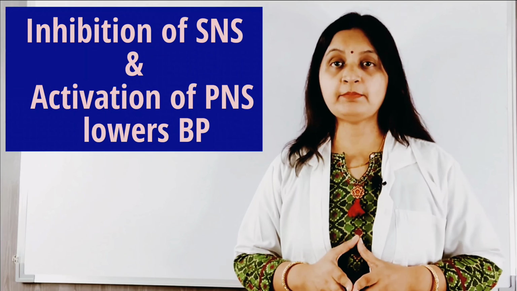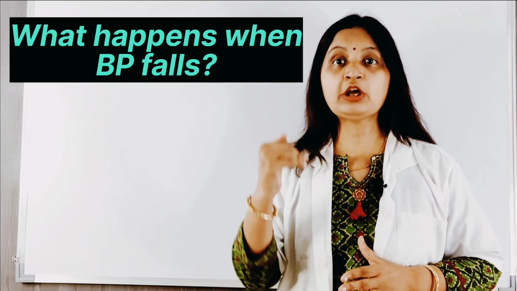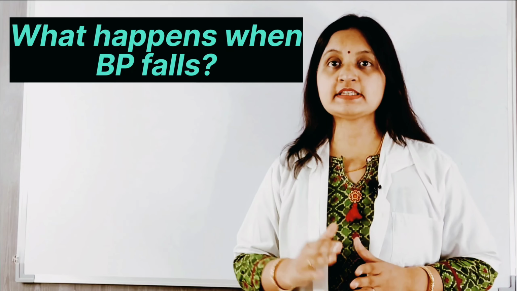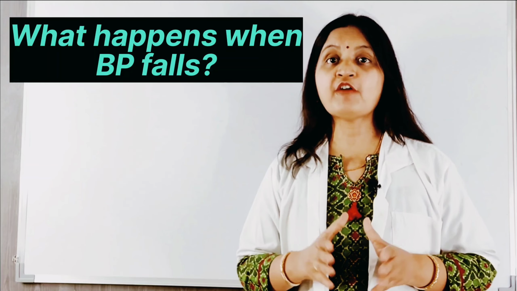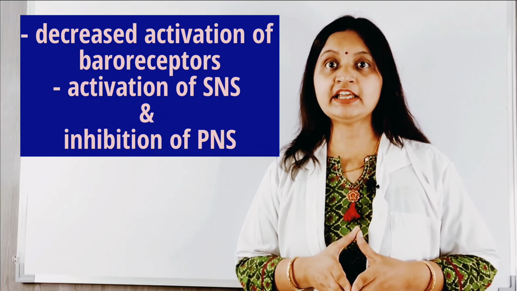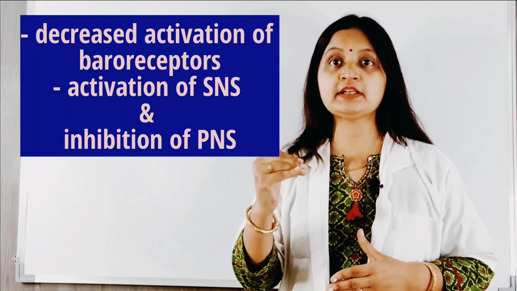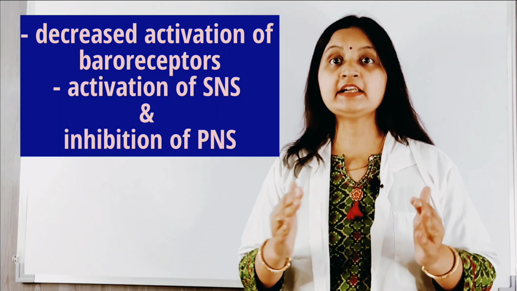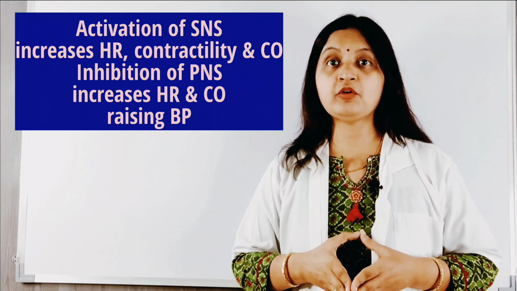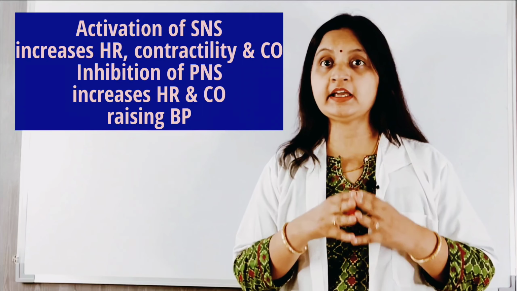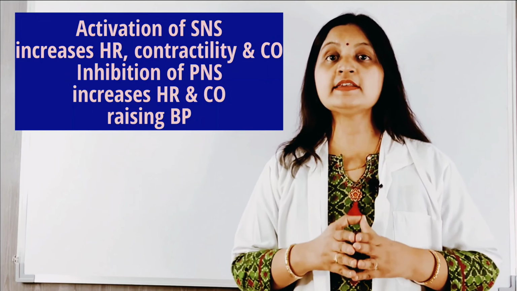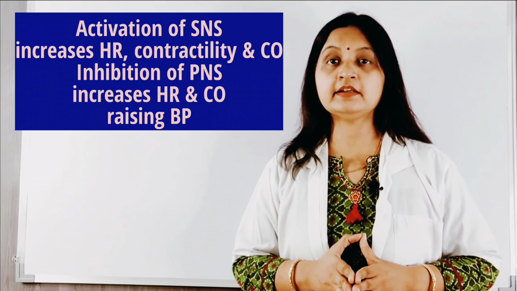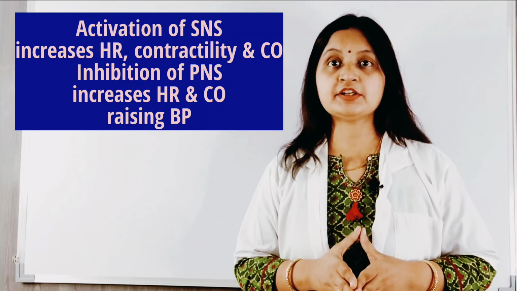So what happens when the blood pressure falls? A fall in blood pressure results in reduced activation of baroreceptors. So there is decreased firing frequency, and this leads to activation of the sympathetic system and inhibition of the parasympathetic system. Activation of the sympathetic system increases the heart rate, contractility and conduction velocity, increasing the cardiac output and causing a rise in blood pressure.